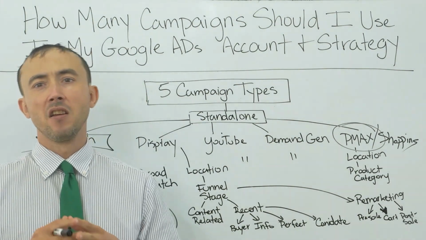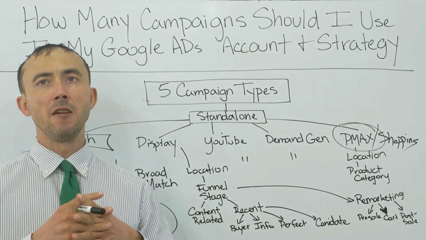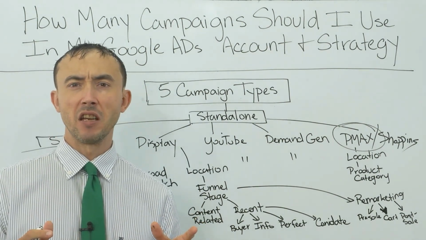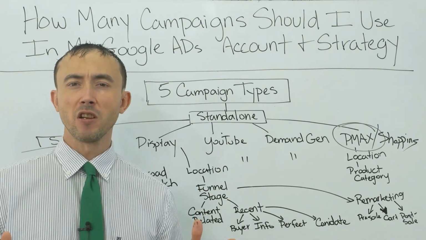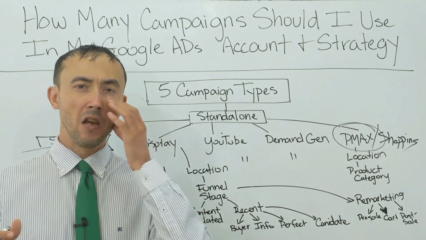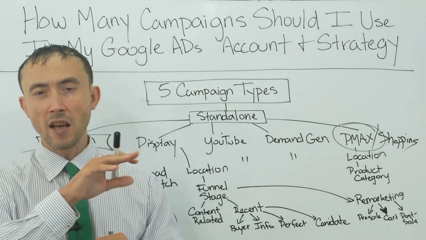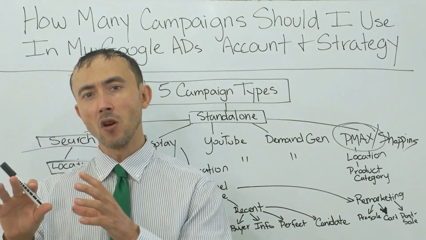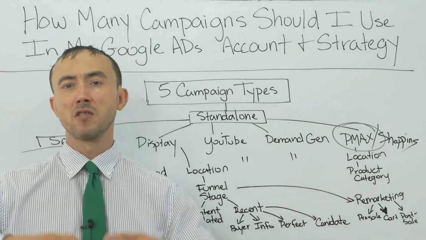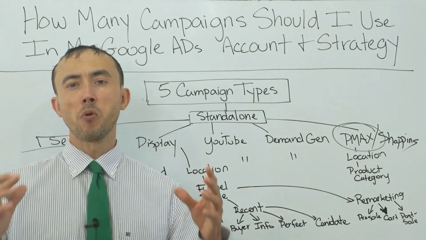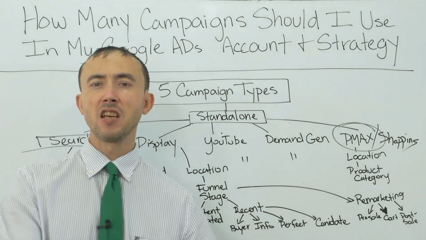Somebody's typing in how to deal with a tax problem. Or if they're typing in, I haven't filed my taxes recently, what should I do? Something where it's clear they're not trying to hire somebody, but they have a problem that your company can fix with the solution you're providing. You take all those keywords and put them in their own campaign so you can target those individually because they're going to convert differently on their own. You will probably have to have a different offer for that grouping of keywords to get them to respond.